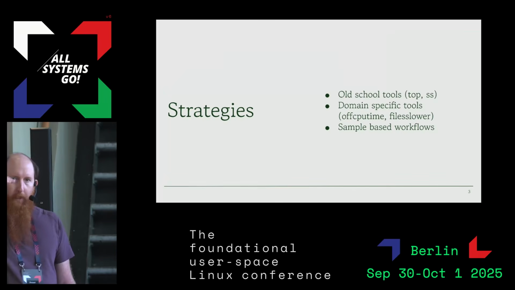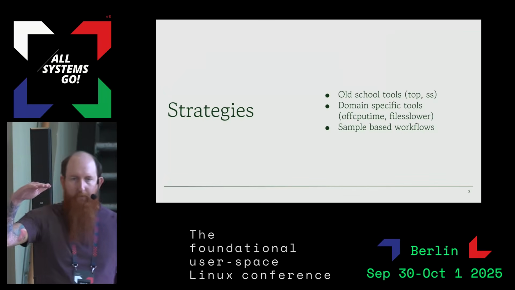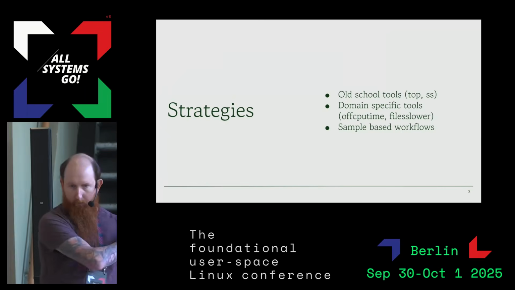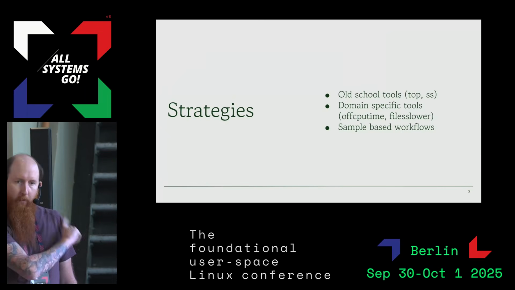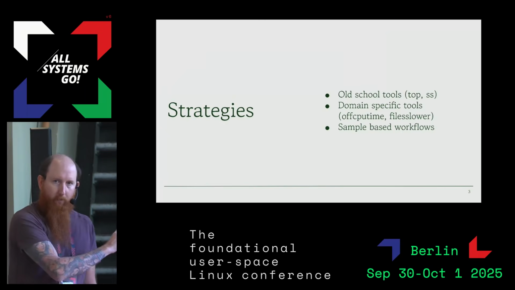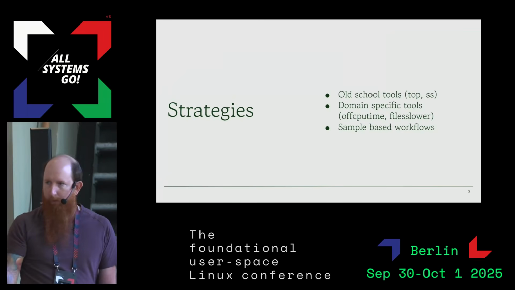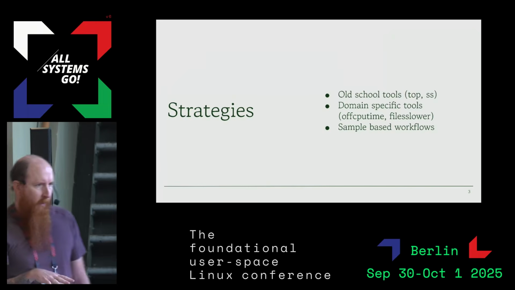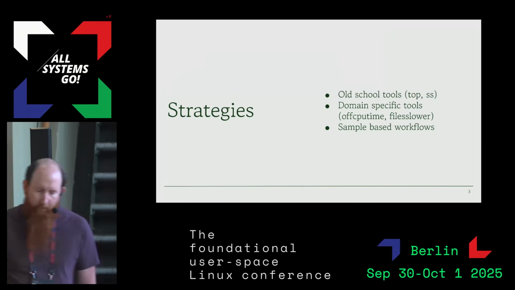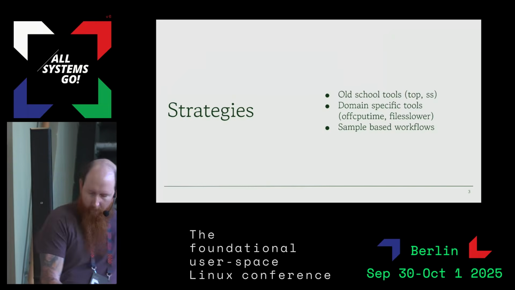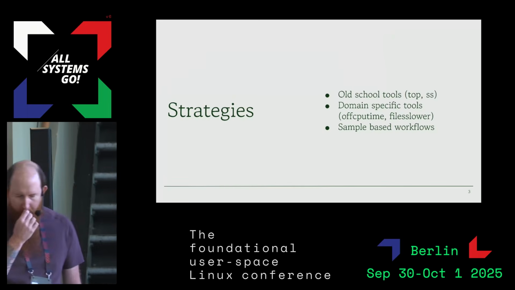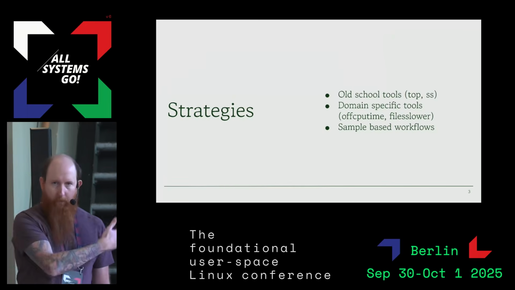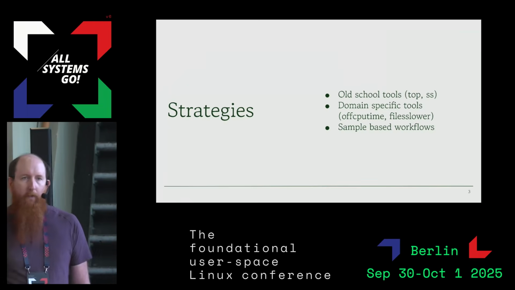And then you can move down into these domain-specific tools. Off CPU time, this is an example of the BPF tool. Like I use off CPU time all of the time as a file system developer because oftentimes we're stuck waiting for resources or the I/O or locks and that kind of thing, so that's really useful there. And then like obviously all of the sample-based workflows.